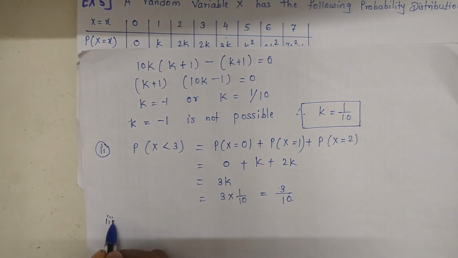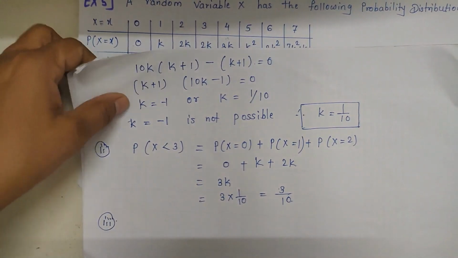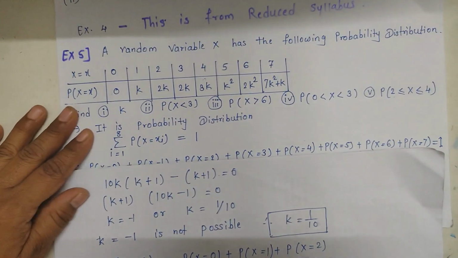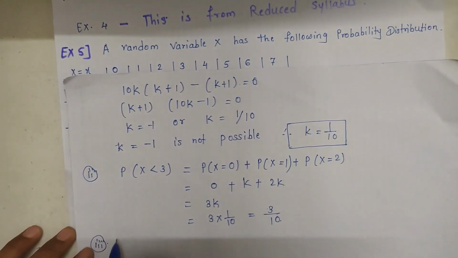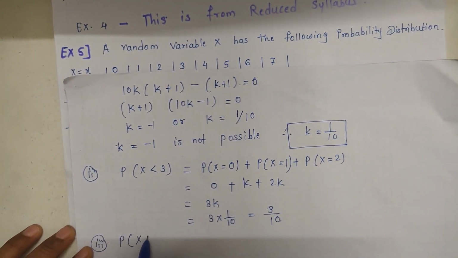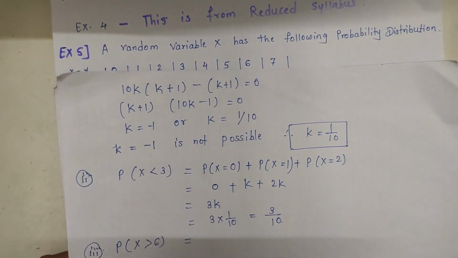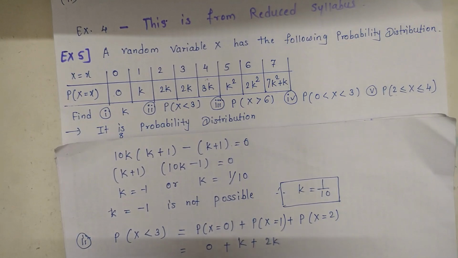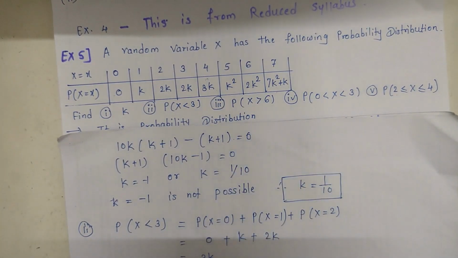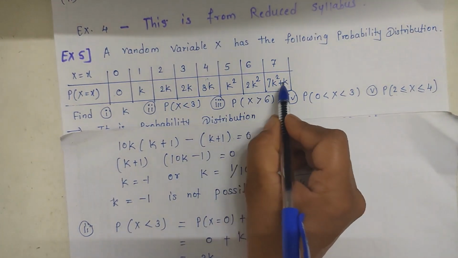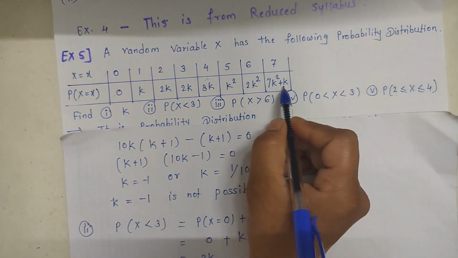Now next, the value, the probability of x greater than 6. So here we have to find the probability of x greater than 6, and in the given probability distribution, the possible values of x greater than 6 are only one value, x is equal to 7.